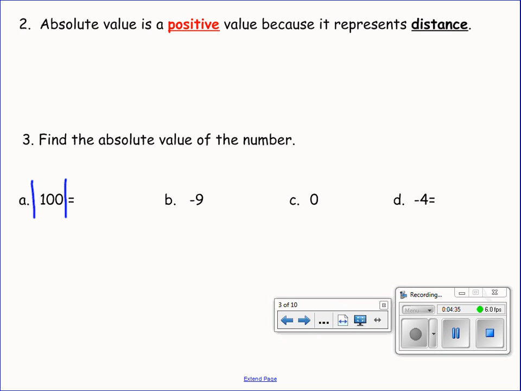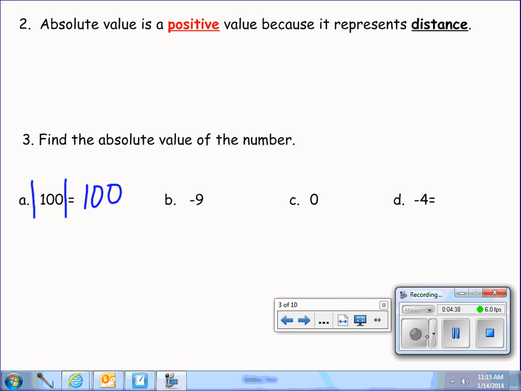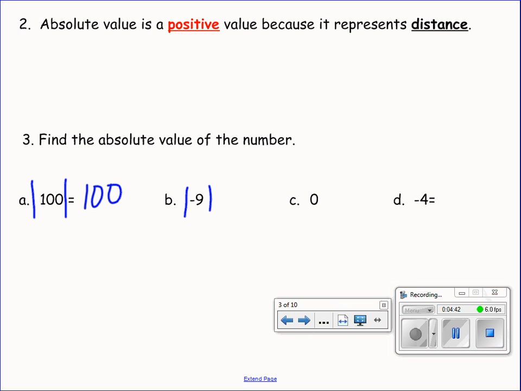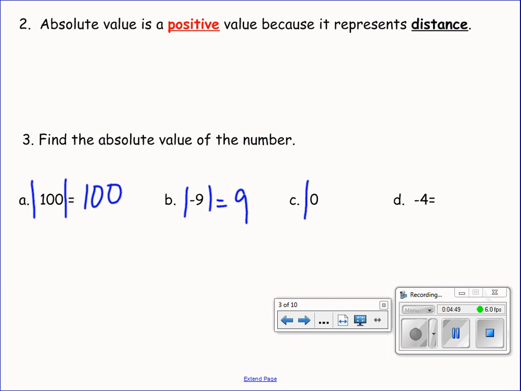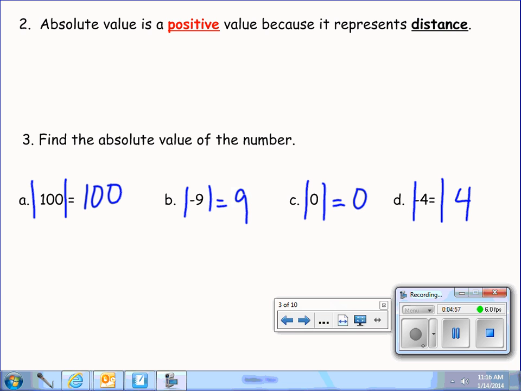The absolute value of 100 is 100. The absolute value of negative 9 would be 9. The absolute value of 0 will be 0. The absolute value of negative 4 would be 4. So again, absolute value will always be distance, will always be a positive number.